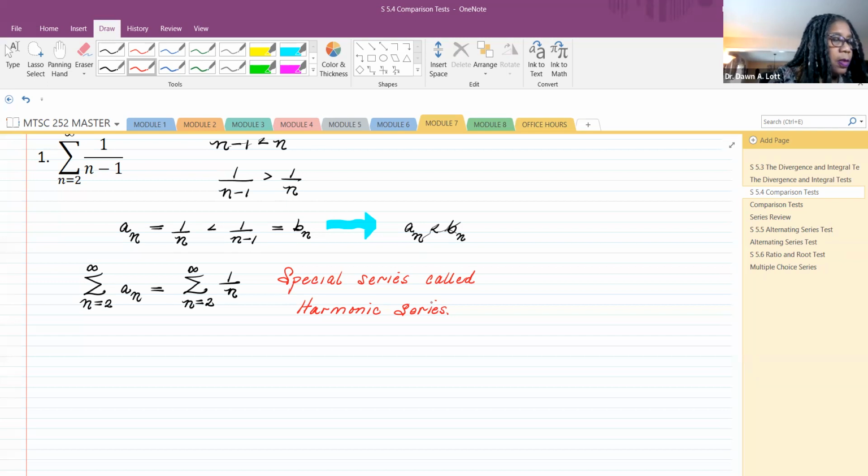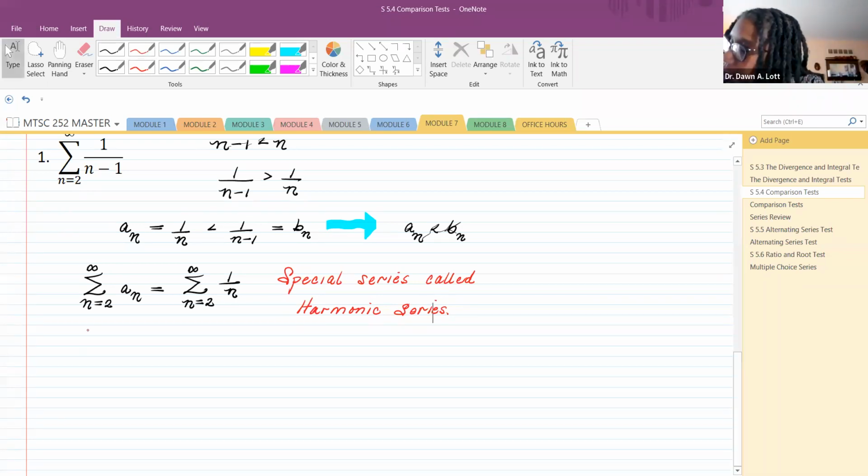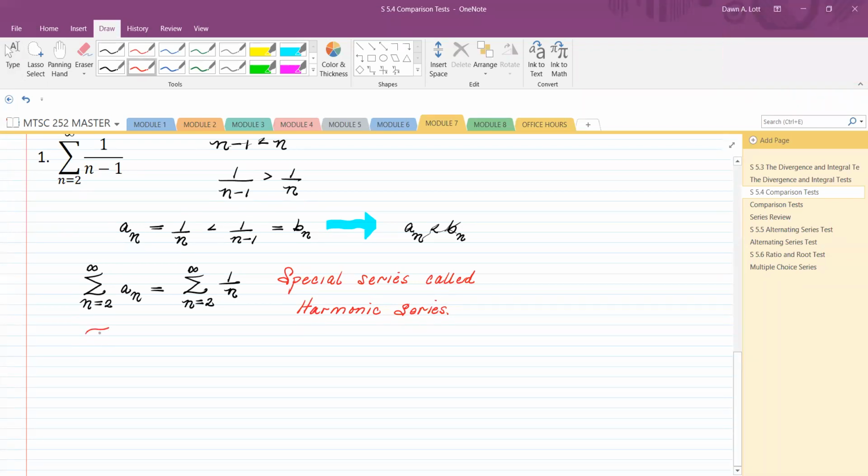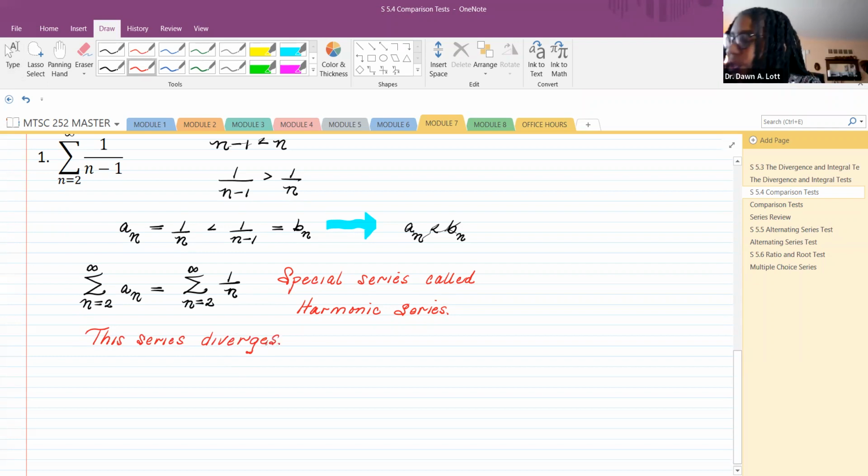We don't have to use a test to do this at all. We proved this one. So the harmonic series diverges. We proved the harmonic series diverges by using the integral test.